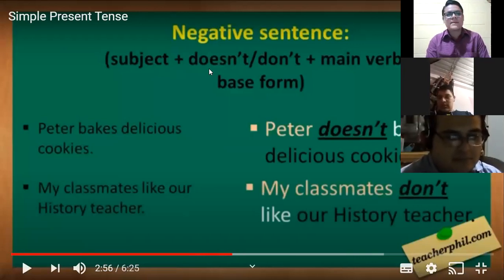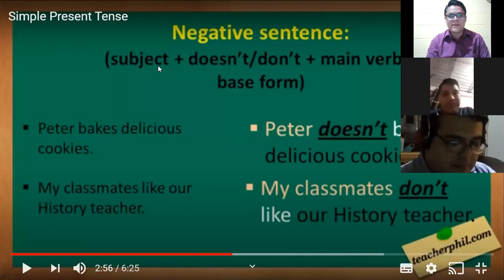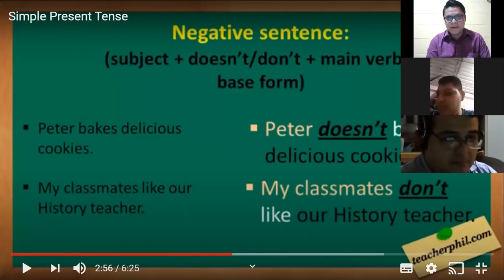All right, so this is the pattern for negative sentences. Subject plus doesn't or don't, depending on the subject that you have. Let me explain this to you.